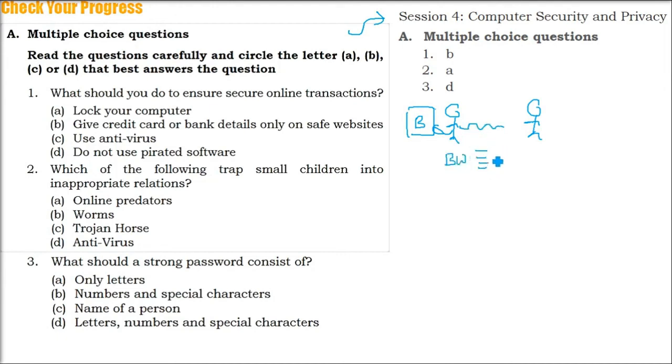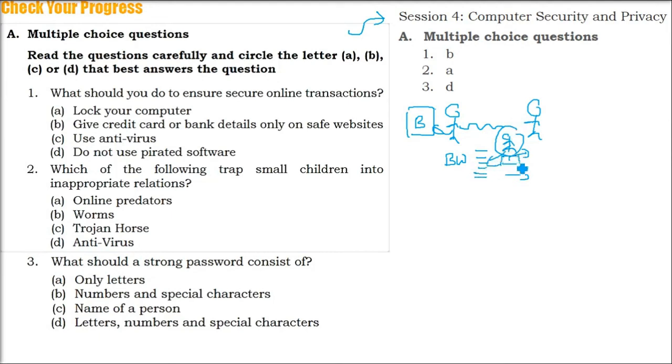You don't go to websites that are unsafe, that can get hold of or steal your credit card or bank detail information. In order to have a secure online transaction, it has to be encrypted, it has to not steal your data. There are people who are there to get all these.